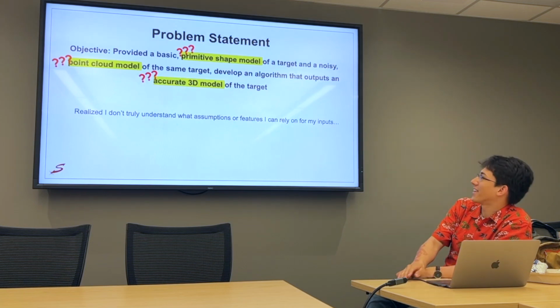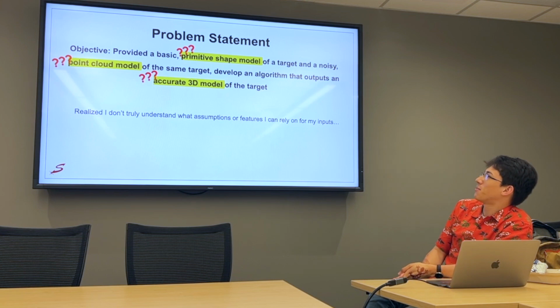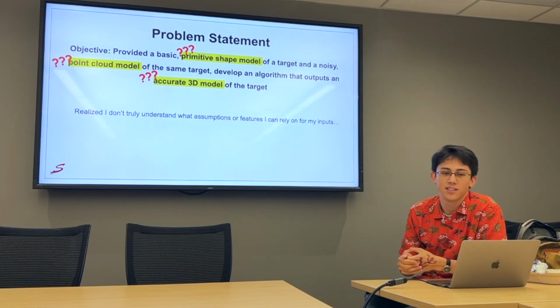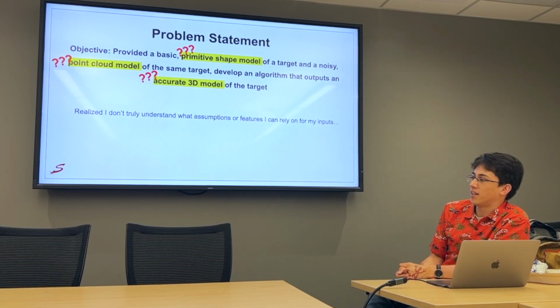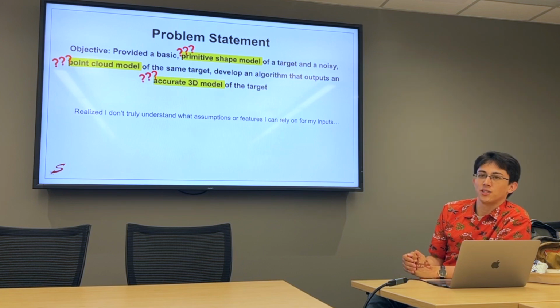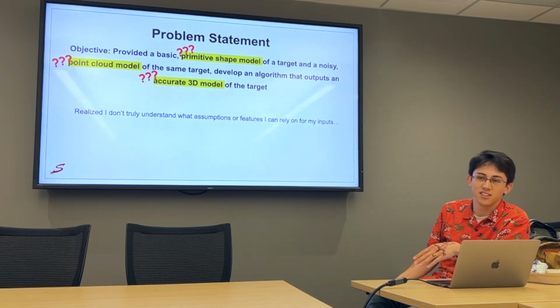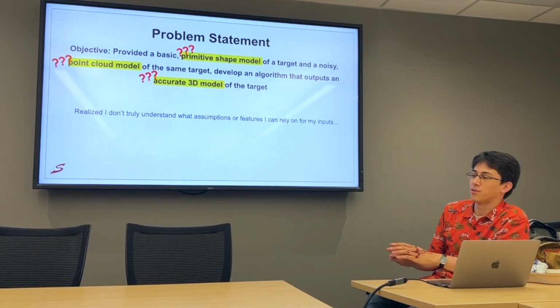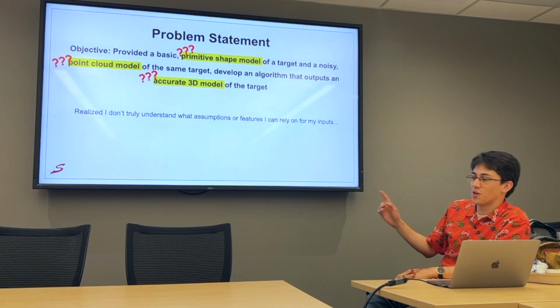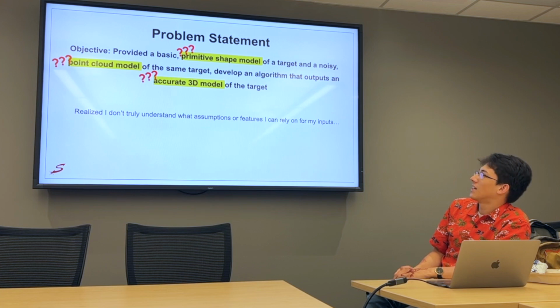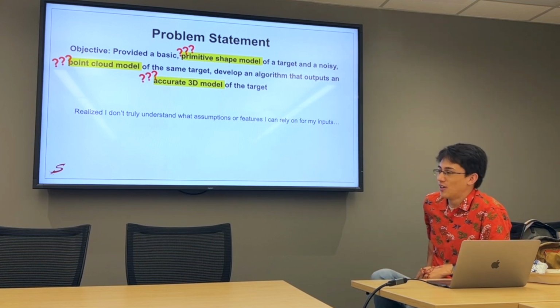So going back, it was like, okay, what is my input primitive shape model and what is my point cloud model? What kind of assumptions can I make about it? I just started the project with, oh, I'm just gonna get one from Jeff, I'm gonna get one from Caitlin. I don't really have to worry about it. But it wasn't until about now that I realized that probably wasn't the best approach.